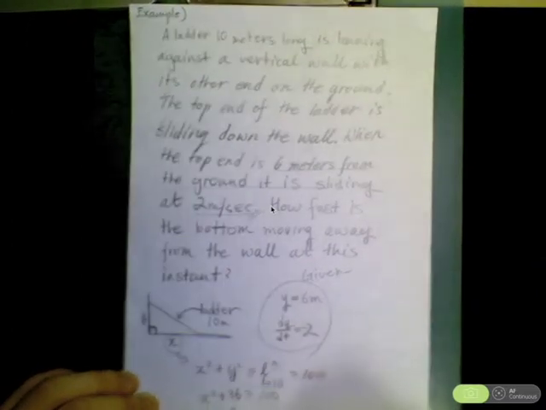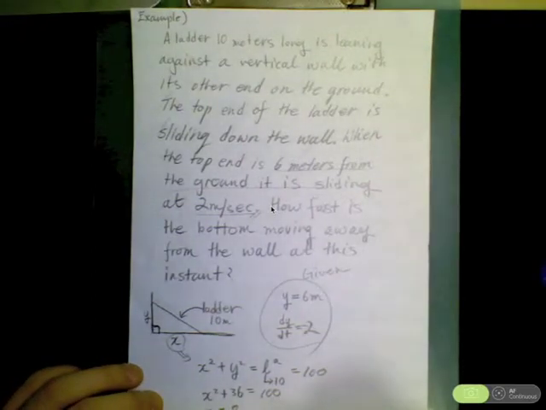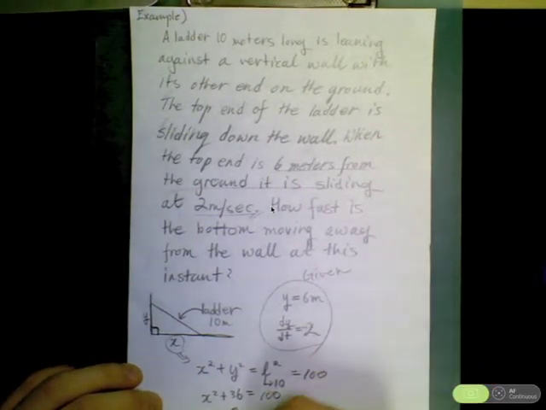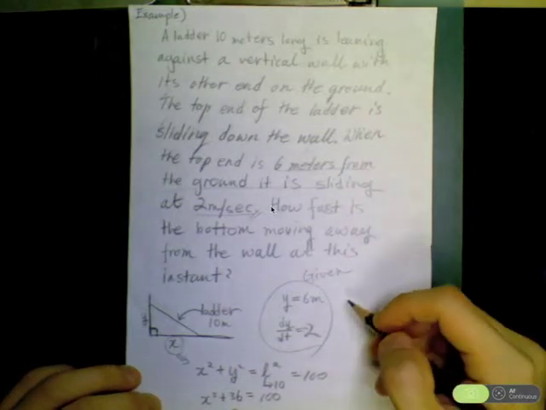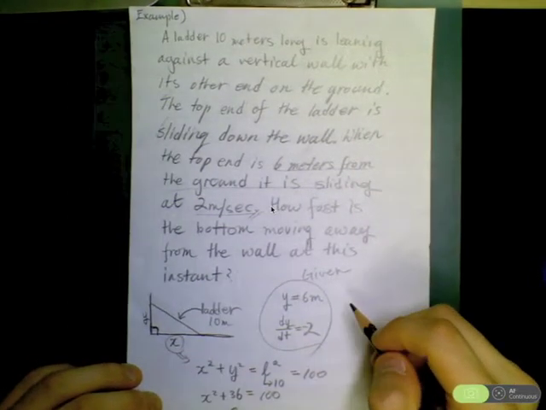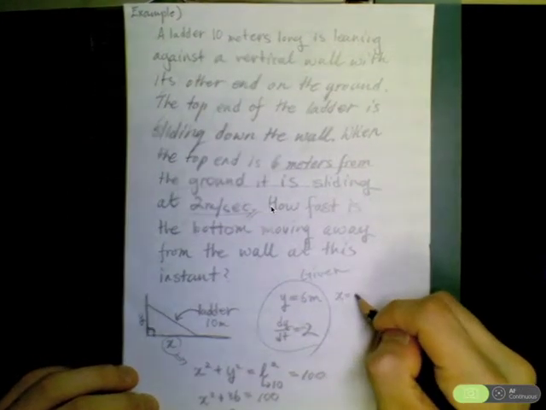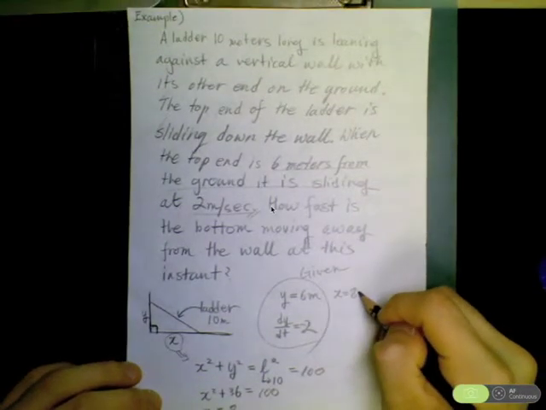So after solving this equation, we've got indirect data, which is x equals 8 meters.